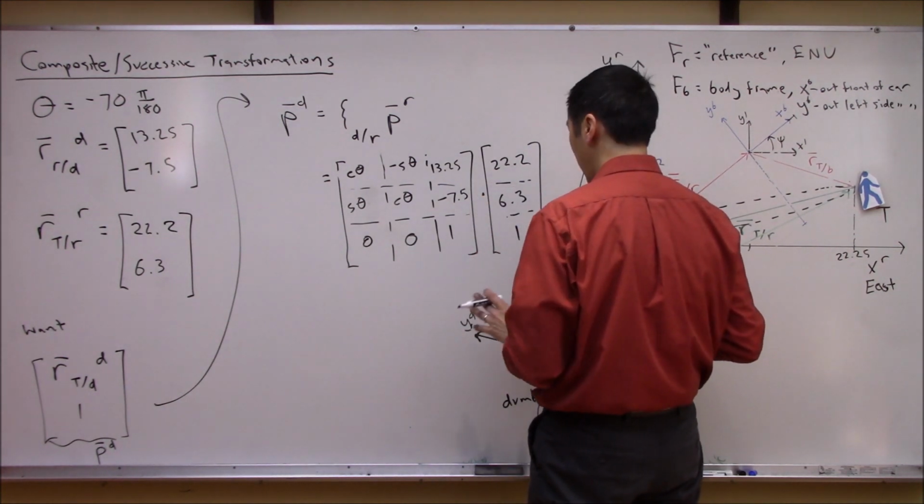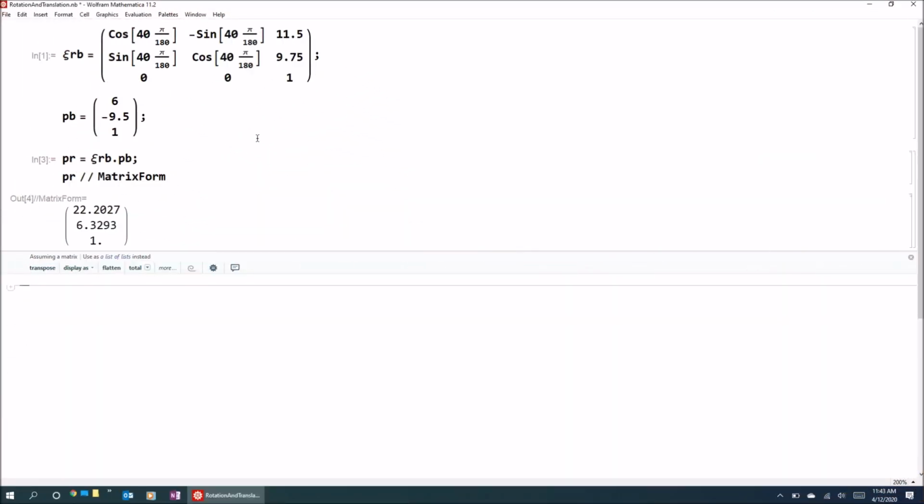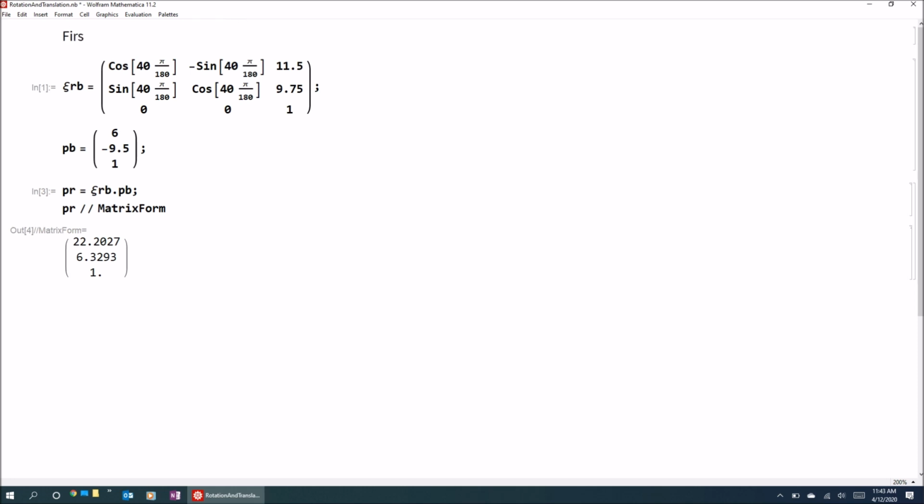So again, let's run over to Mathematica and do this calculation. All right, we're back at that same Mathematica notebook. Let's make a note that this first block of code was for our first transformation/rotation, and now start code for the second transformation. So again, let's get our transformation matrix.